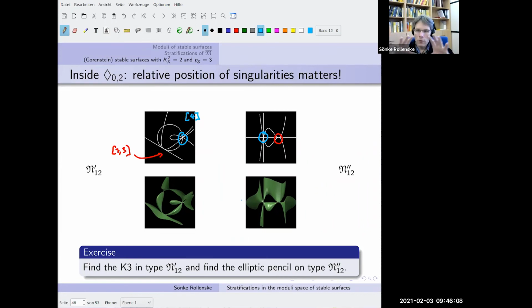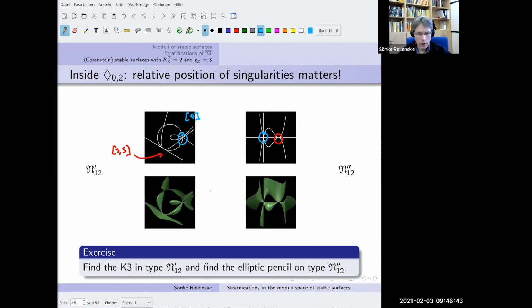So you can take a blackboard and draw a nice big diagram to understand what kind of special K3 surface occurs and what kind of special configuration of branch curves for the K3 I need to have to get my branching data here, of this kind, to get a surface in N12 prime. I think I know the dimension of N12 prime, or I don't know it, but I have it written somewhere. I can look it up. Okay, so this is what can happen in this stratum.